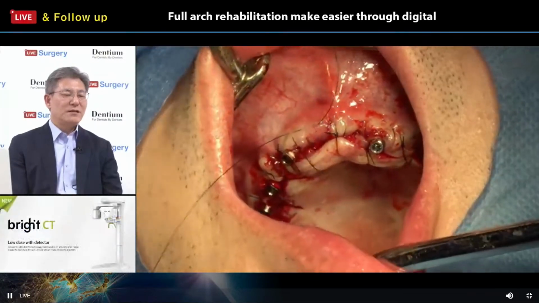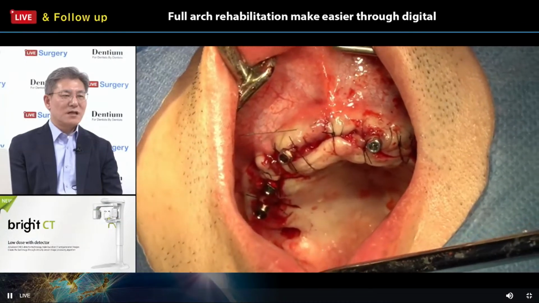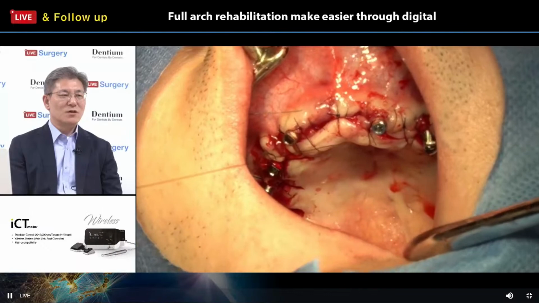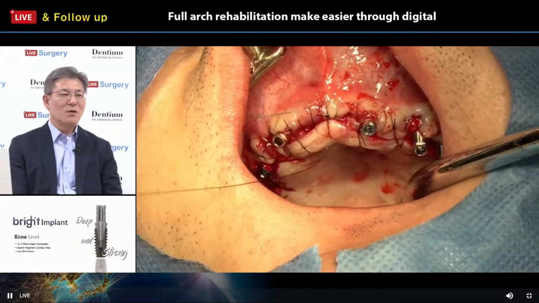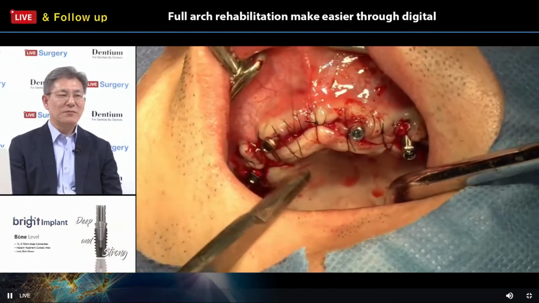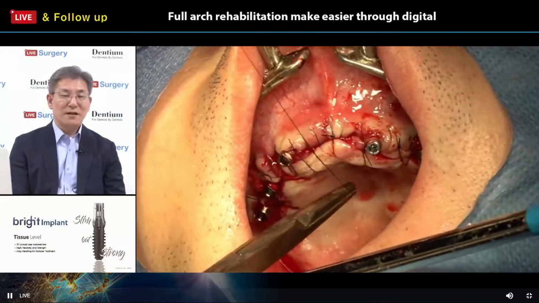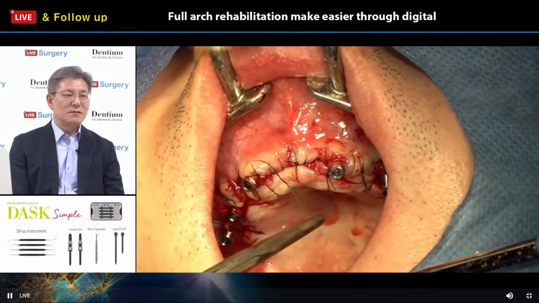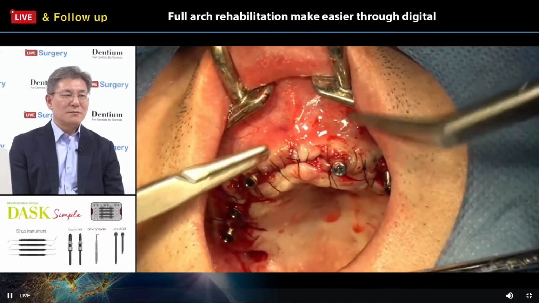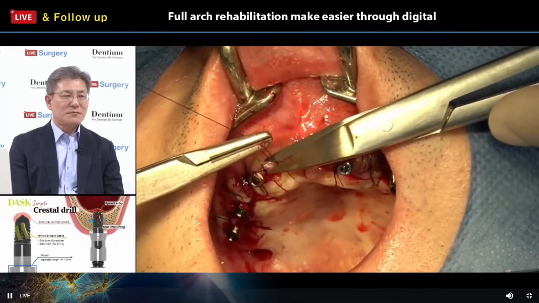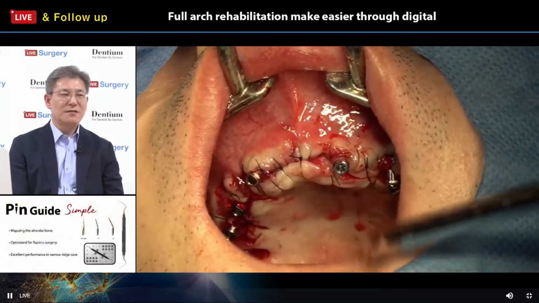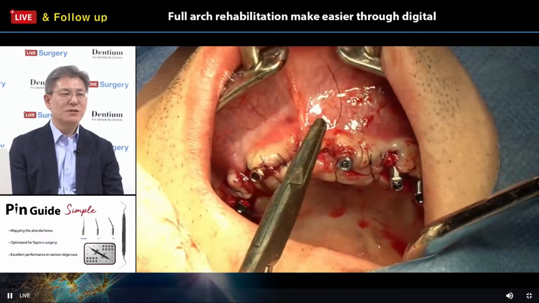Then after that, the prosthetic procedure is also easier and simpler because we have all the information about the patient's mouth and reference points: the midline, the occlusal plane, and the soft tissue position.